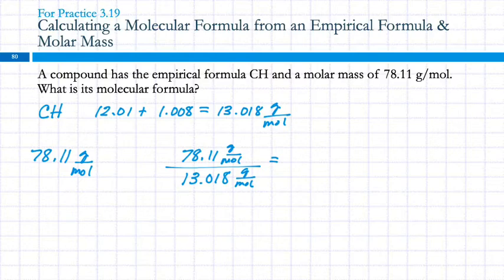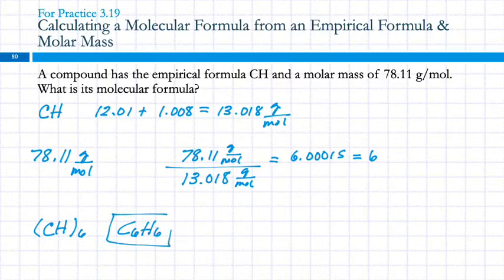So this is giving me 6.00015, some other digits. That's 6. So this tells me that the molecular formula is 6 times bigger than the empirical formula. And so I'm going to multiply all the subscripts by 6, and I'm going to end up with C6H6.